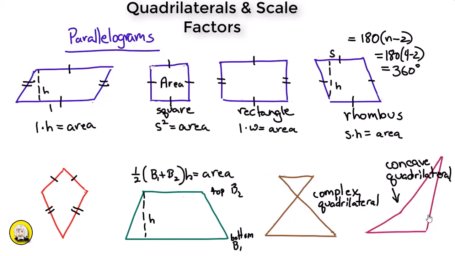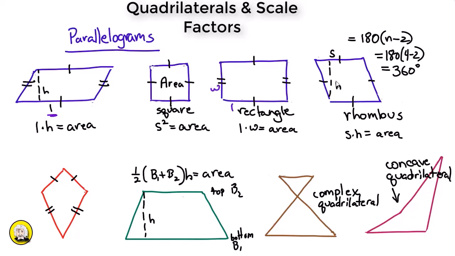In earlier lessons, we learned how to calculate the areas and the perimeters of many of these shapes. For example, we saw that the parallelogram's area is the vertical height times the length. The square is the side times the side, or s squared. The area of the rectangle is the length times the width.